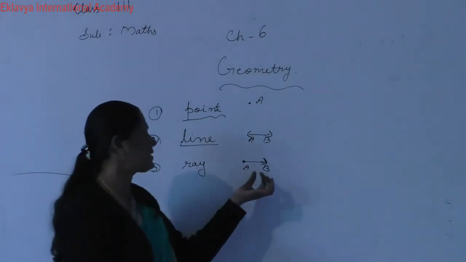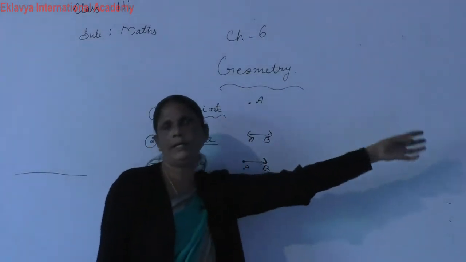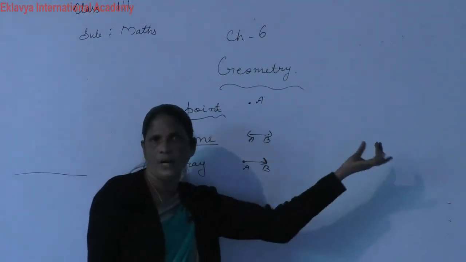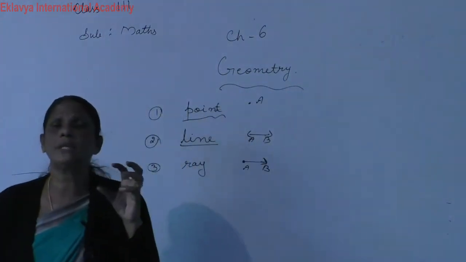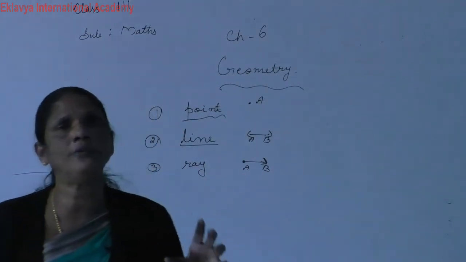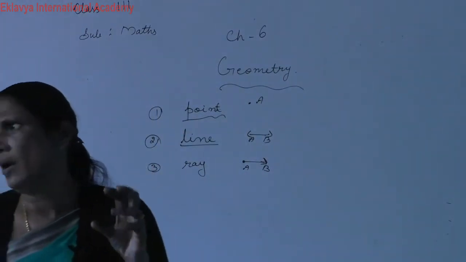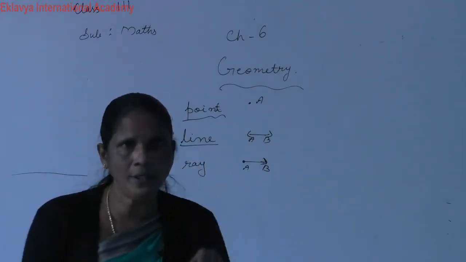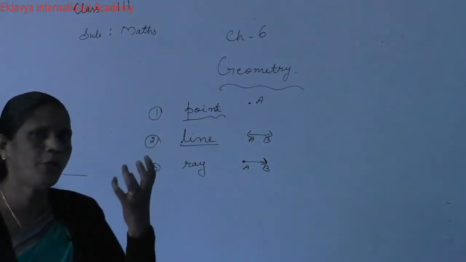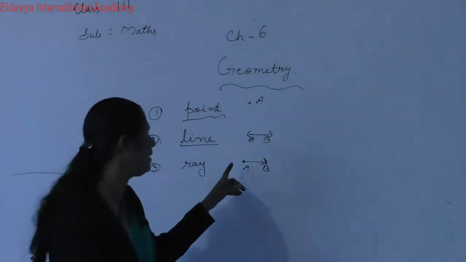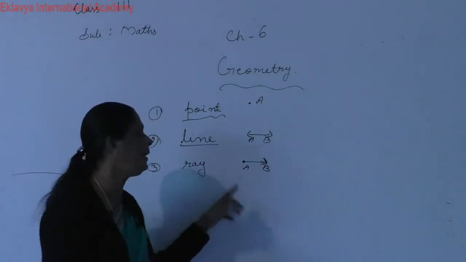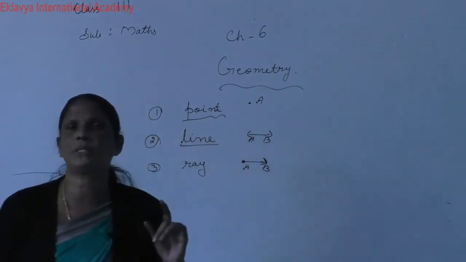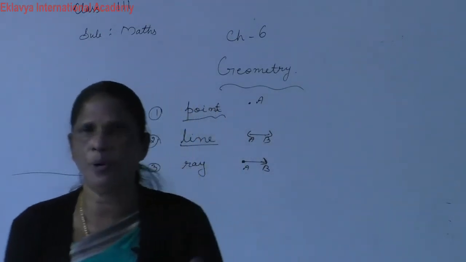It is extended in one direction. A ray is a part of a line. The starting point is called the initial point.